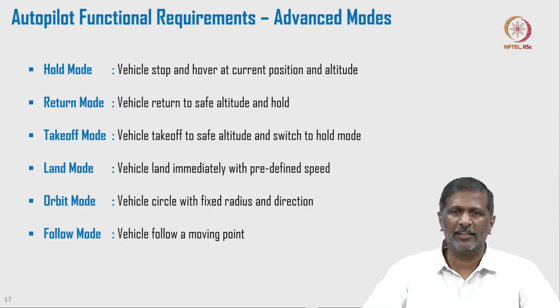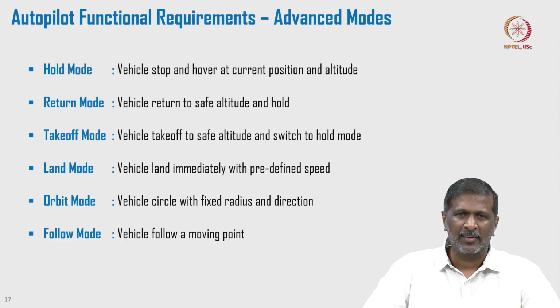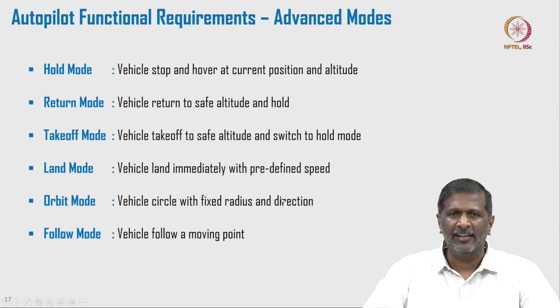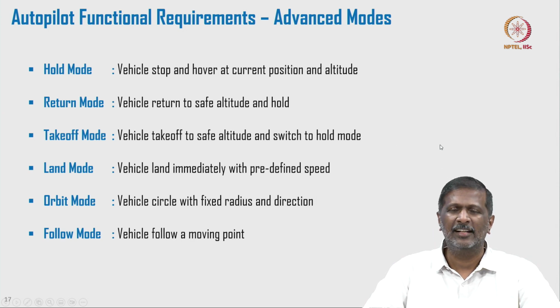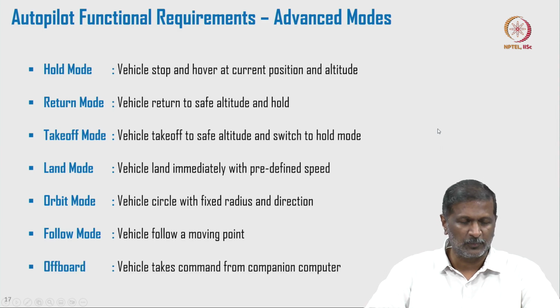Or you can have a camera, the camera locks on to the target, and target speed and heading are estimated from there and the drone just follows the target, right? These are the predefined advanced modes one can define, and they can be used based on whatever mission you are performing, right?